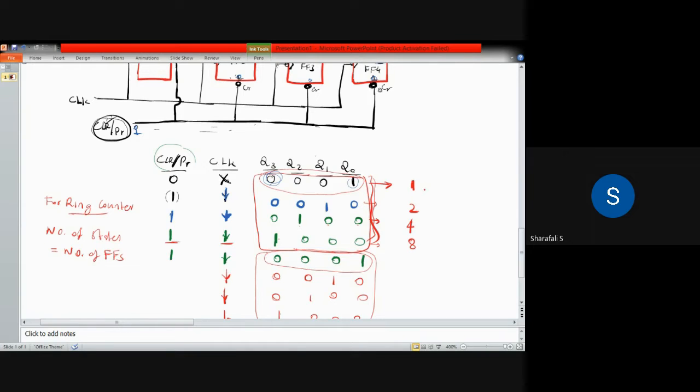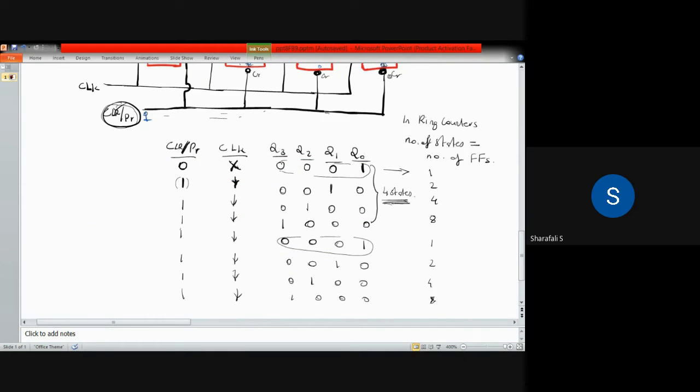So the progression will be like this: 1, 2, 4, 8. As you can see, it is giving you some random sequence. So that's about the ring counter or shift register counter.